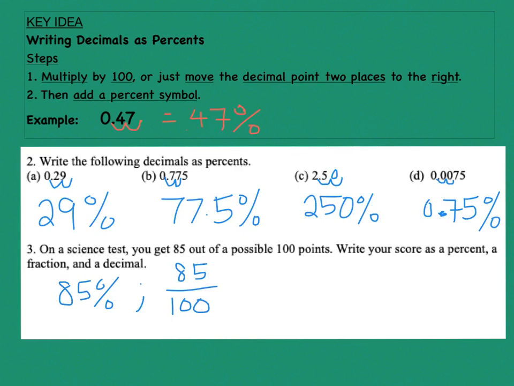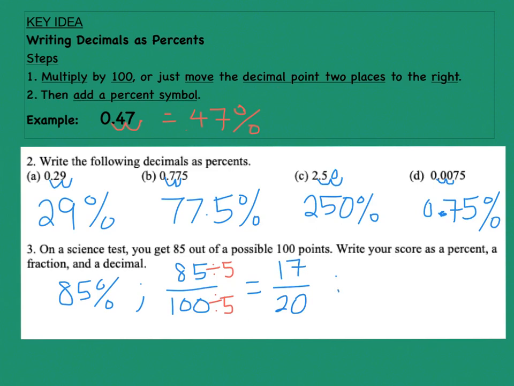So we know that 85 and 100 are both divisible by 5. So I'm going to divide both the numerator and denominator by 5. And I know that 85 divided by 5 is equal to 17, and 100 divided by 5 is equal to 20. So that is 17 out of 20.